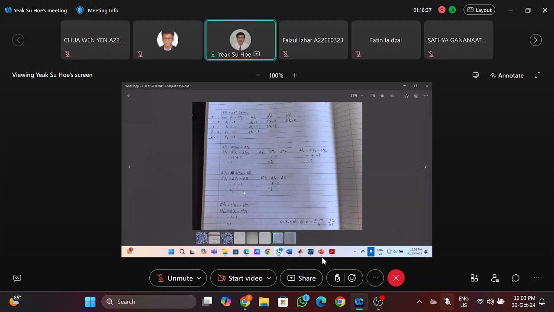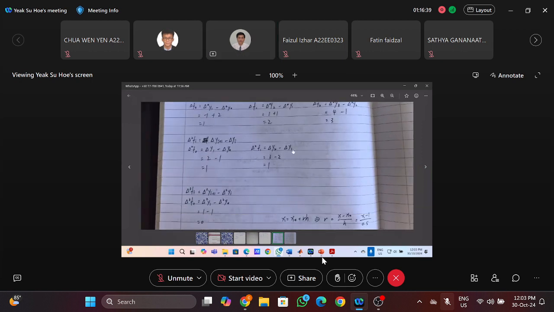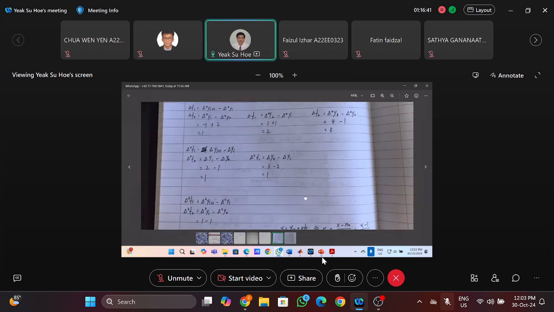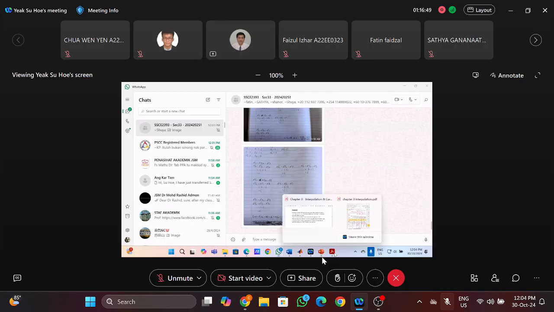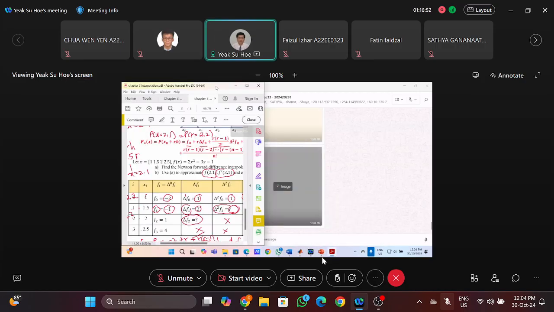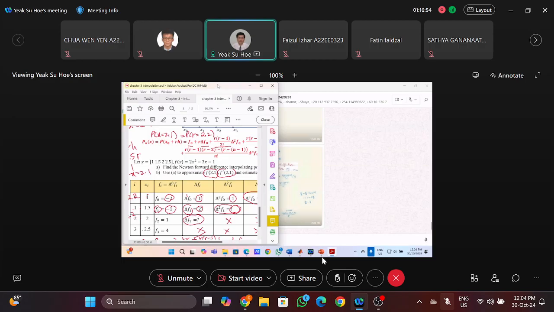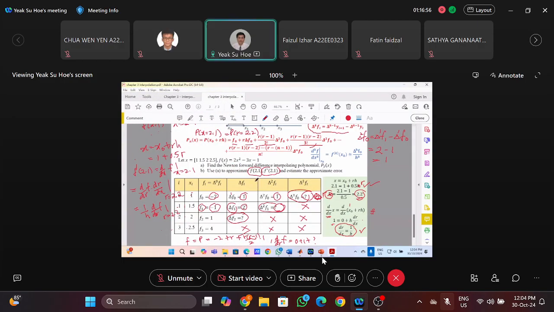Okay, correct. But I want the solution for this. It means I want the solution for when S is 2.1. What is the answer? And then at 2.1 you differentiate.